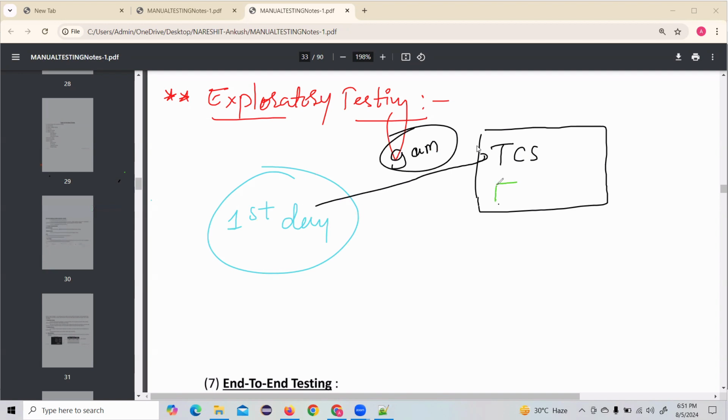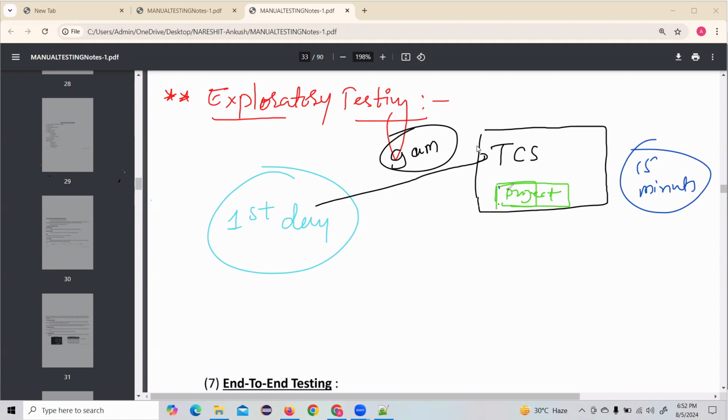On the first day, induction was there. Induction finished within 15 minutes. Induction means introduction, like they'll provide some kits, laptop, bags, whatever it may be, leave it.